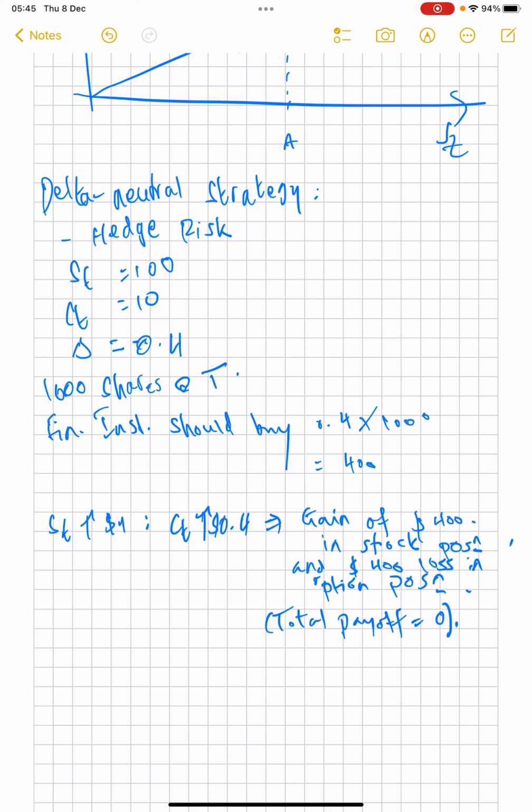On the other hand, if the price goes down by $1, I still have a 0 total payoff because it will make a loss of $400 in stock position and a gain of $400 in option position.